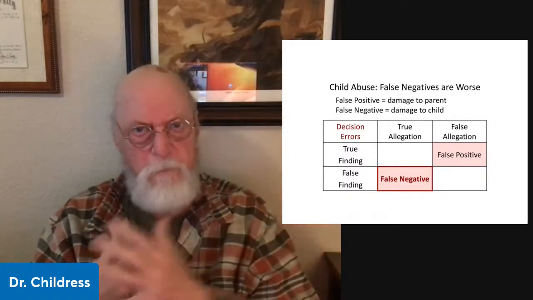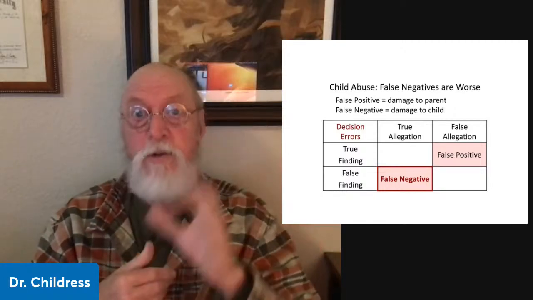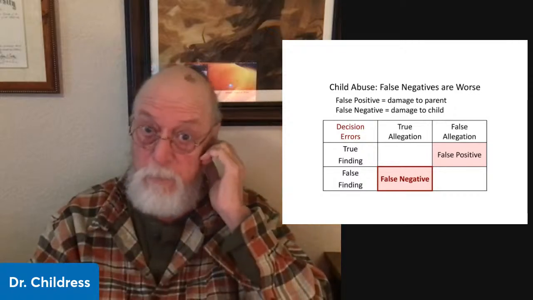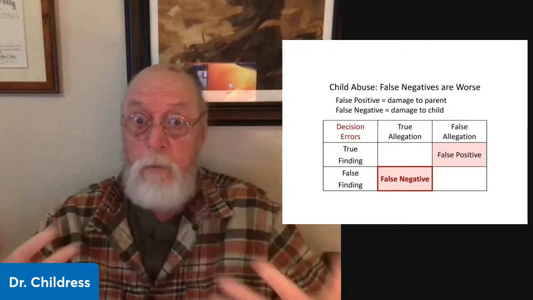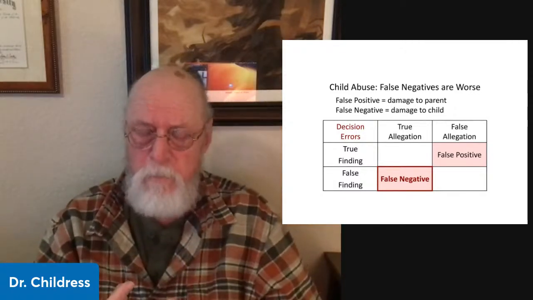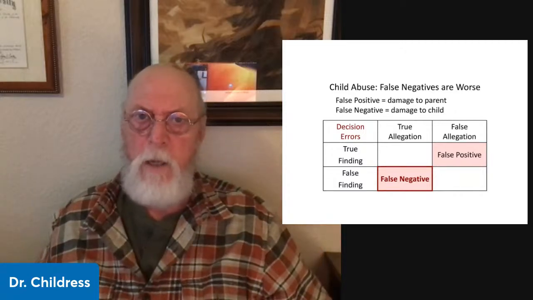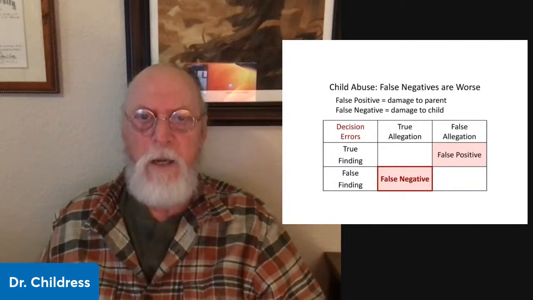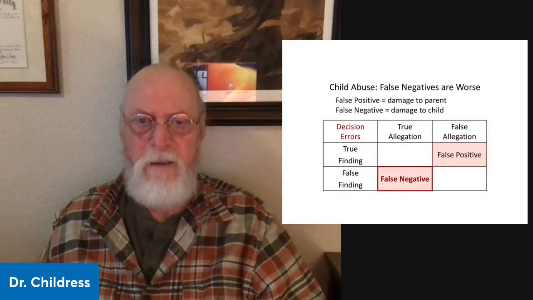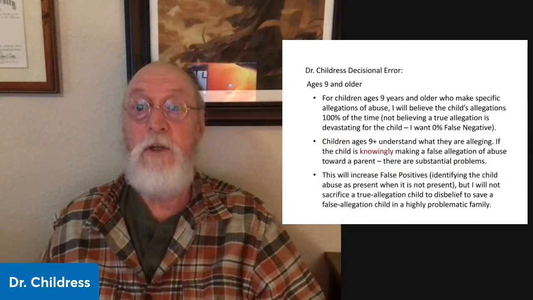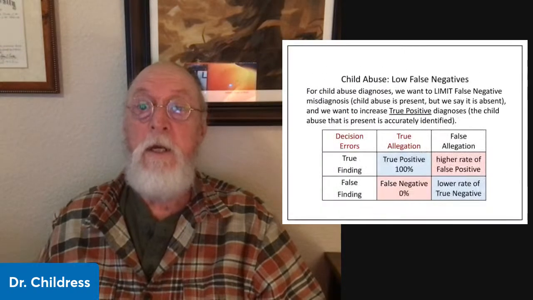If we send them back to a physically abusive parent, that's dangerous. If we send them back to a sexually abusive parent, that's dangerous. The child reported and nobody protected them. So that is a devastating response. And so I'm very reluctant to disbelieve a child who's alleging child abuse.